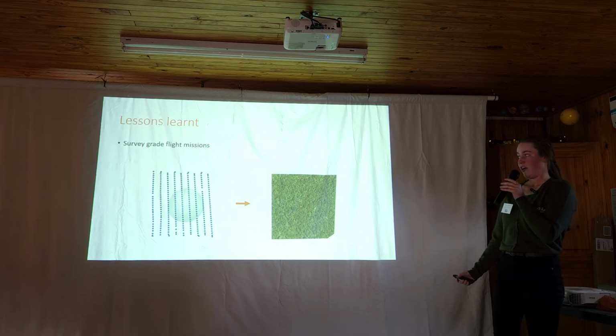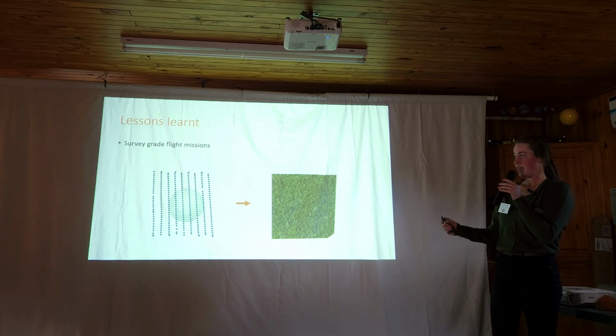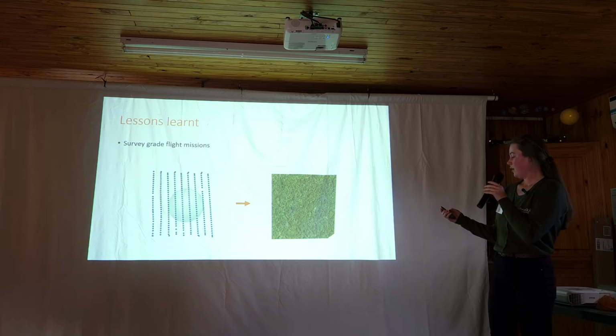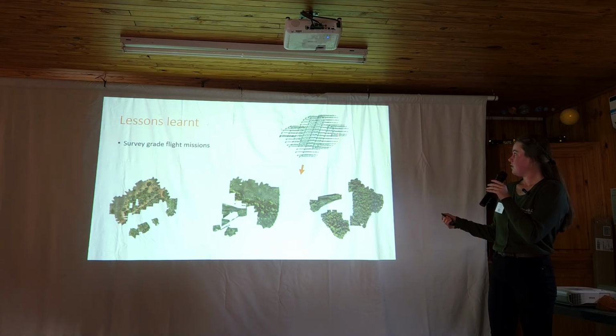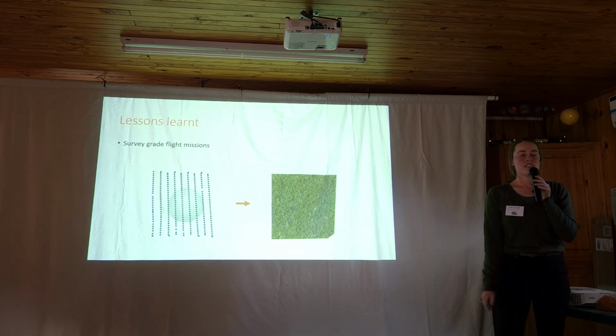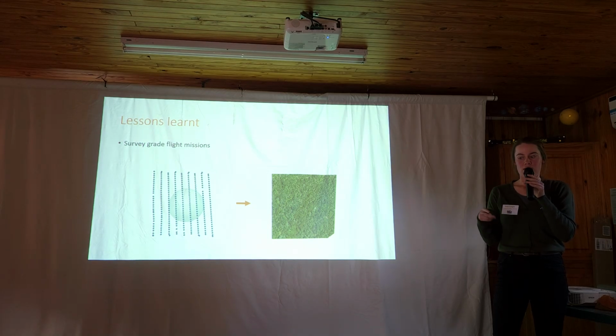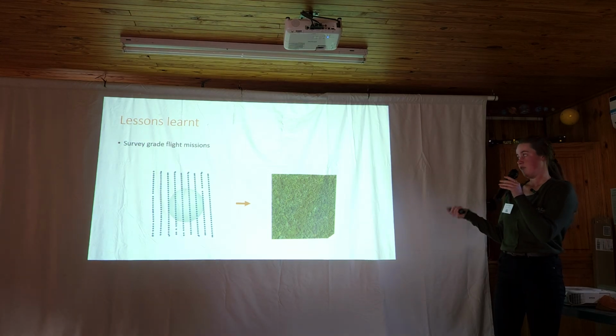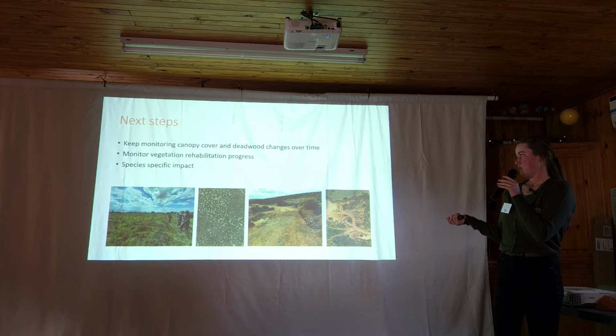You want your area to be square, and you want the flight lines to be parallel to your square and not diagonal. If you look at this, they're diagonal, which is not what you want. And then you also just need to make sure that you fly a big enough area, an area that's bigger than your actual site, so that when the software stitches it together, the images at the edge are lost. So yeah, you need to fly a bigger site than your actual area.